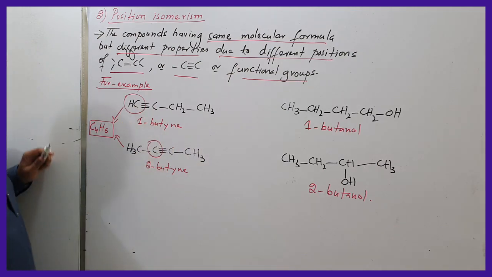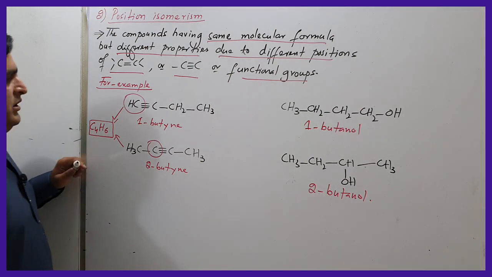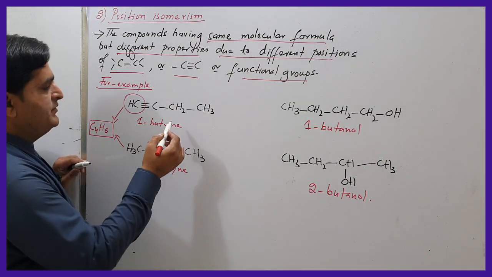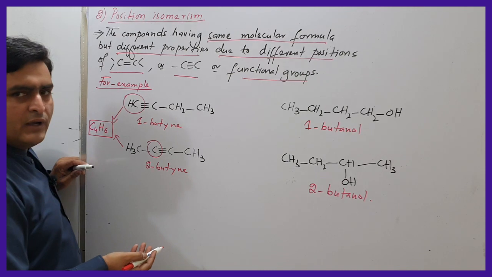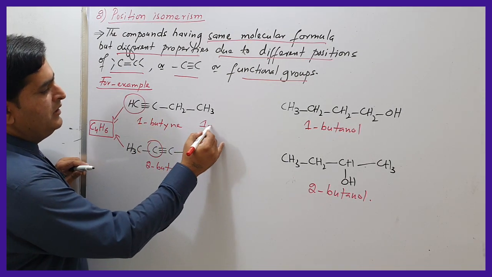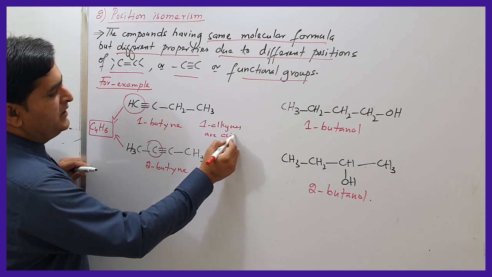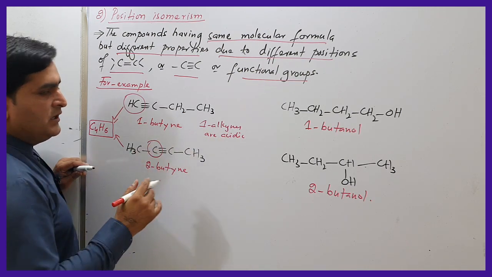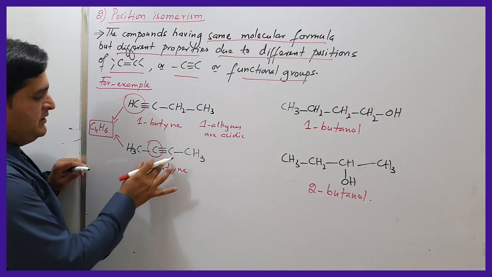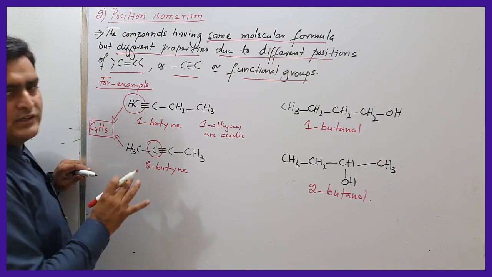So what are the differences in their properties? If you have studied the alkynes, you notice that 1-alkynes are acidic in nature, while if the triple bond is present in the middle of the chain, they are non-acidic alkynes.